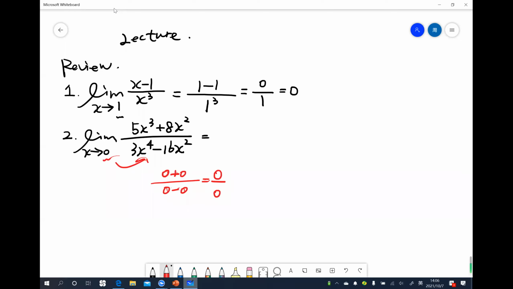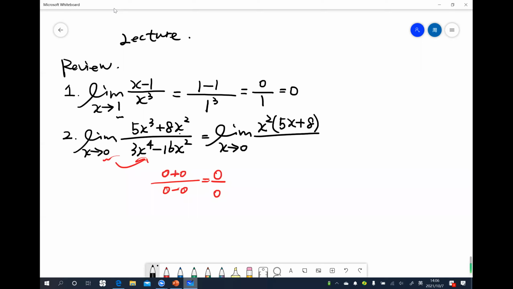And we know 0 over 0 means the denominator and numerator must have a common factor. So here we first find the common factor. As x approaches 0, for the numerator, we can take x squared outside, so that equals x squared times (5x plus 8), right?